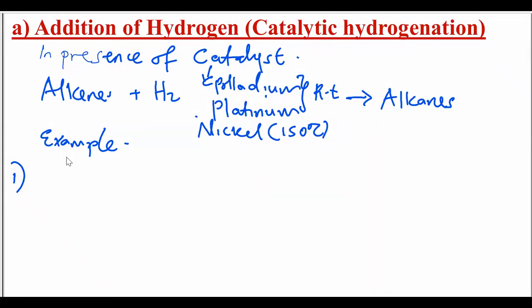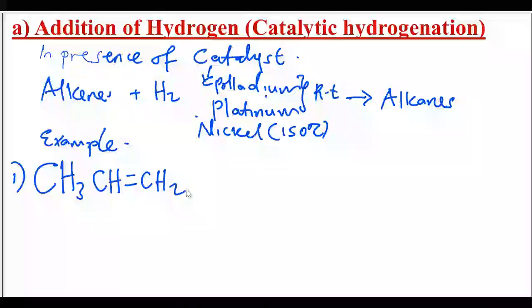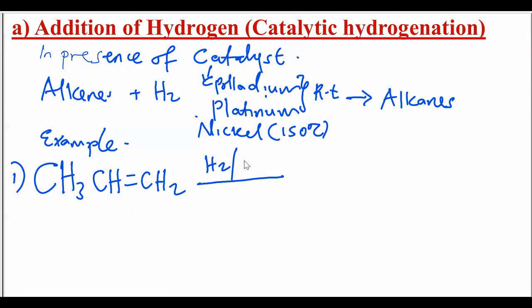The first example I can give is propene. Propene, okay. Let's have that. So when you have propene, I hope that is the formula for propene. Is it the one? Yes, it is. We are adding hydrogen in the presence of a nickel catalyst, at a temperature of 150 degrees Celsius.